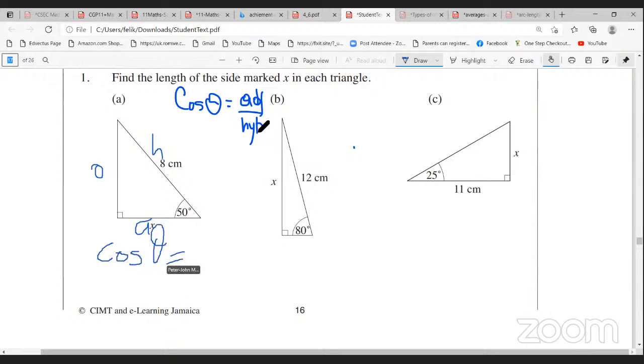No, you don't need to write the formula again. Just put in what theta is. Theta is 50 degrees.